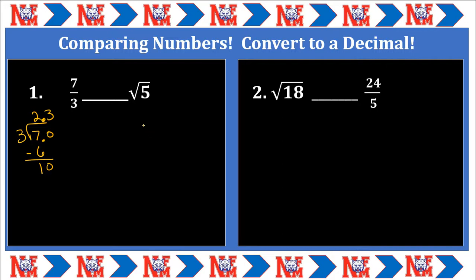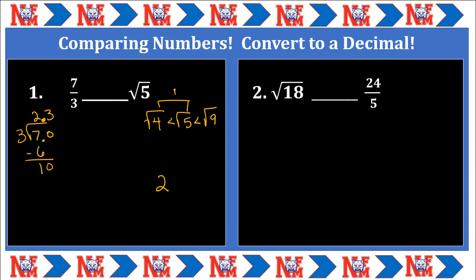We may need to go further depending on how this approximates. So the square root of 5 is going to be between the square root of 4 and the square root of 9. Remember, our perfect squares here. So this is going to be 2 point something. Because it's between 2 and 3, let's find our fraction.